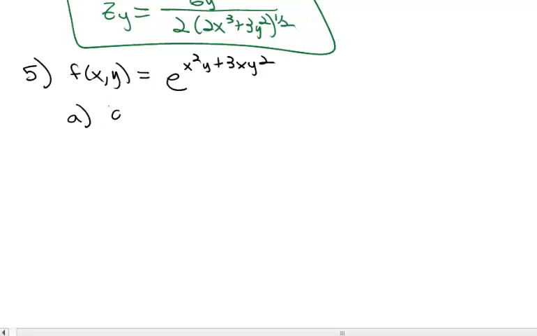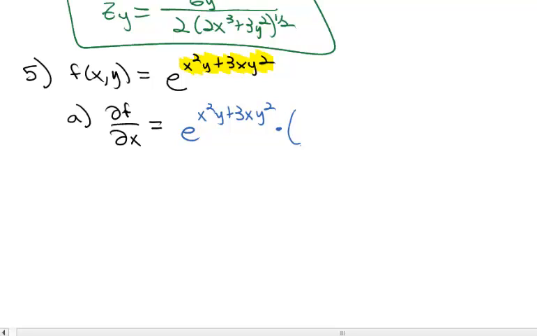And we're going to find the partial of f with respect to x this time. Well, we've got e to some stuff, e to the guts. We know the derivative of e to the guts is e to the guts, e to the x squared y plus 3xy squared. We just have to multiply by the derivative of the guts.